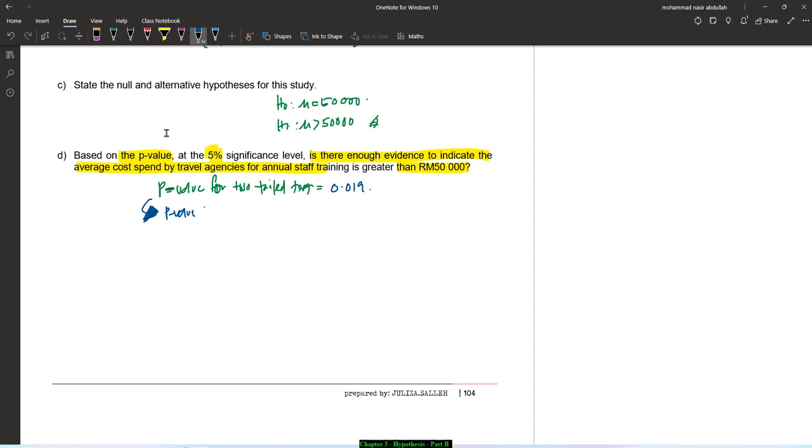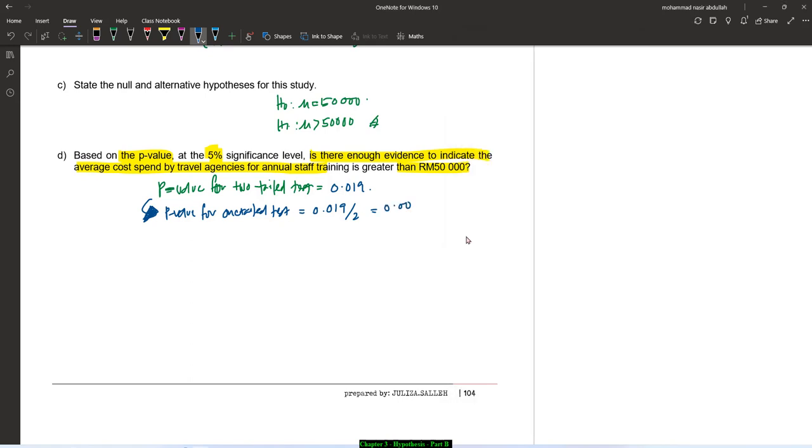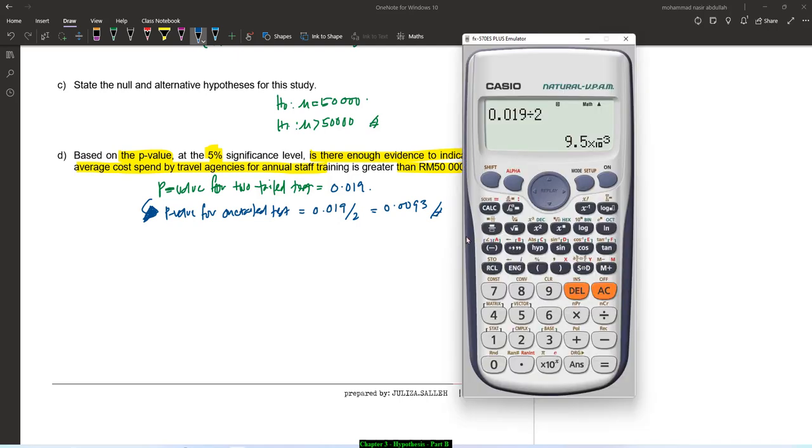So our problem here is for one tail test. P-value for one tail test is equal to 0.019 divided by 2. So this one should be 0.019 divided by 2, which is equal to 0.0095.